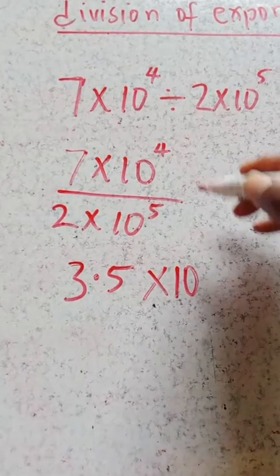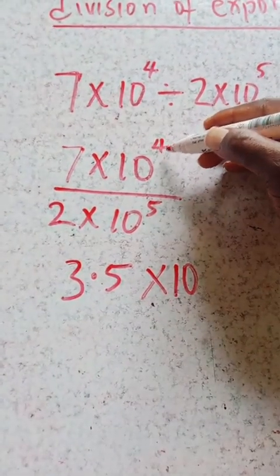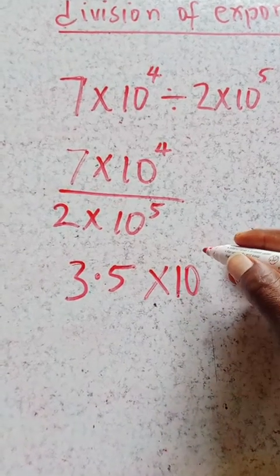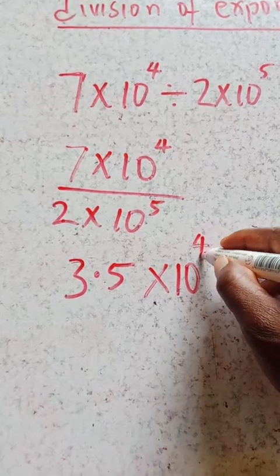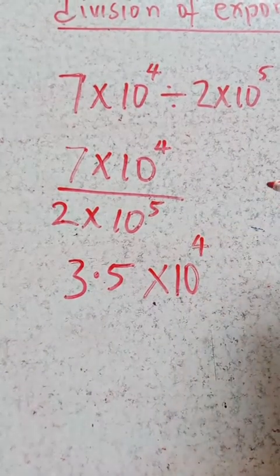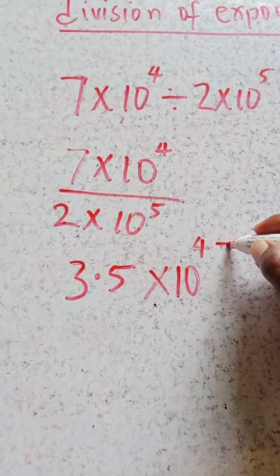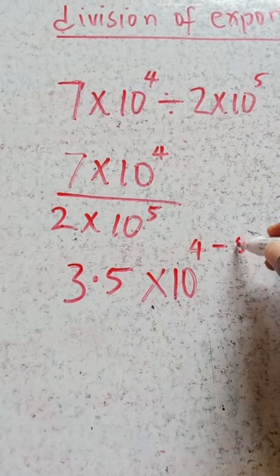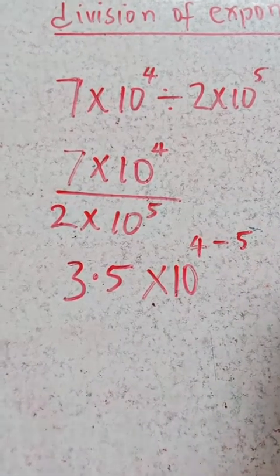The power of the numerator is what you write first, 4, and then minus the power of the denominator, which is 5. That is the law.